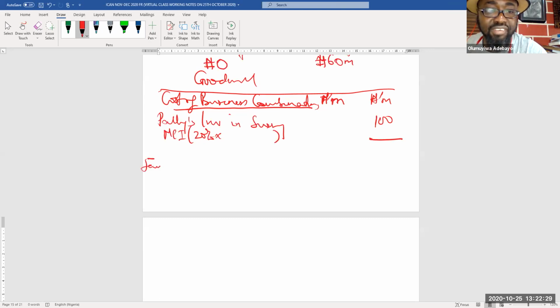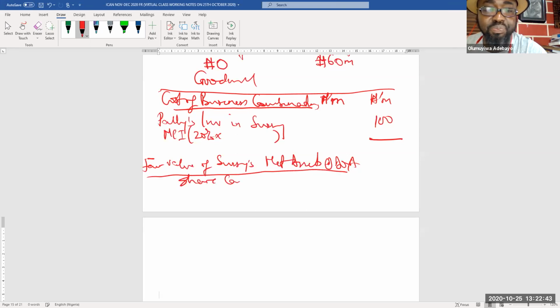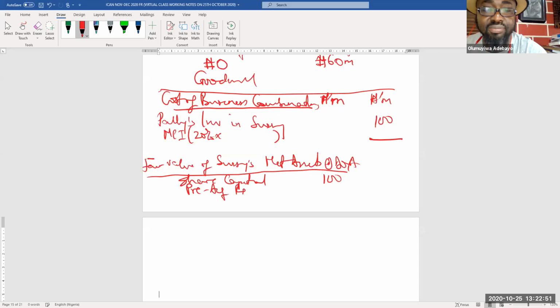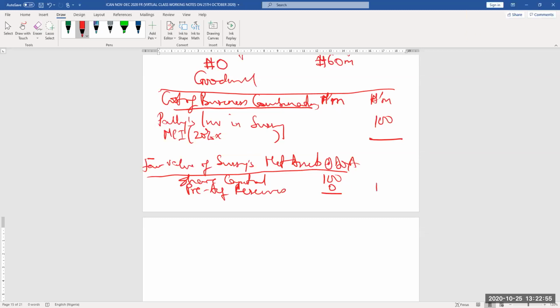Now let's determine the fair value of Suzy's net assets as at the date of acquisition. That is made up of share capital, which is 100, and pre-acquisition reserve here, which is 0. 100 plus 0 is 100.